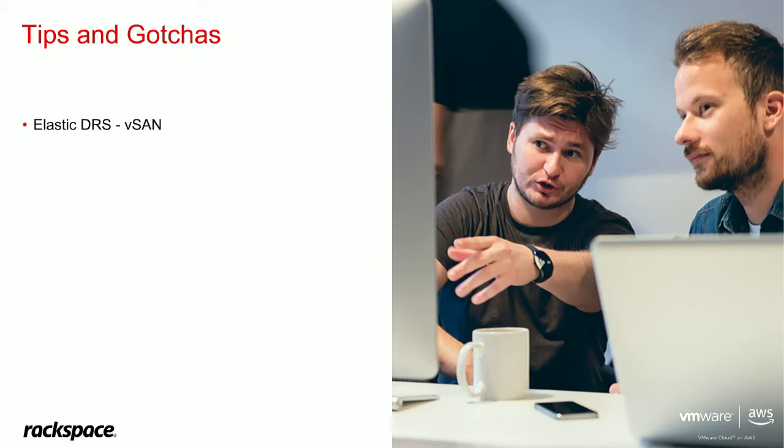It should be noted that VMware will automatically add hosts to the SDDC when the storage utilization crosses the 70% threshold, even when Elastic DRS is disabled. And this is because this practice is a preventative measure designed to ensure that vSAN has a minimal amount of slack, or free space, if you like, that is available to it at all times.